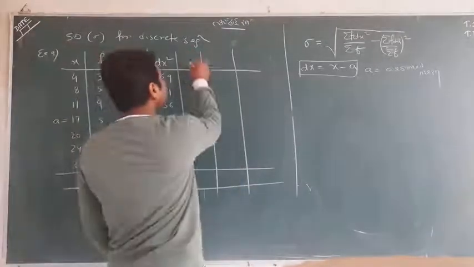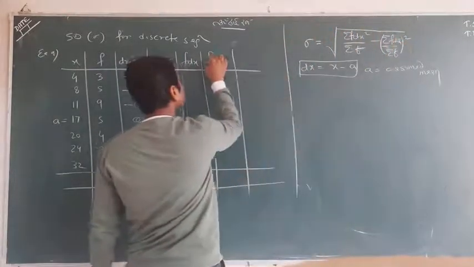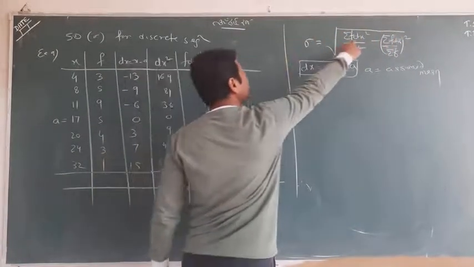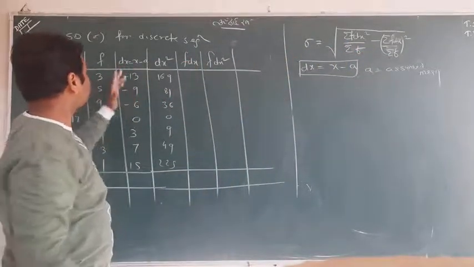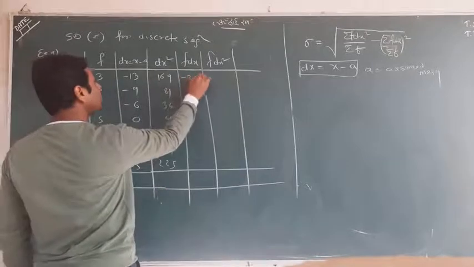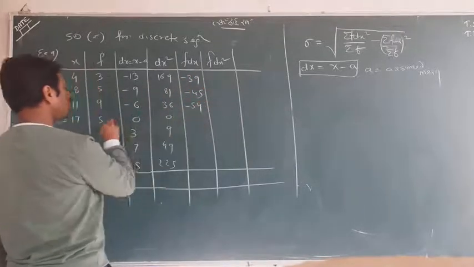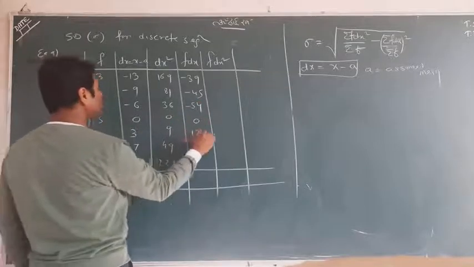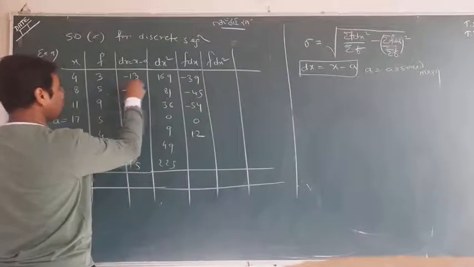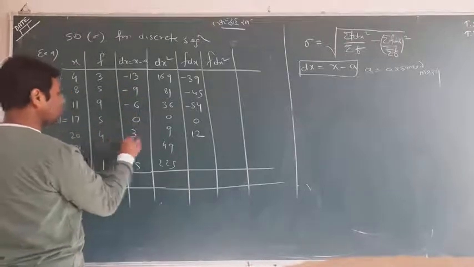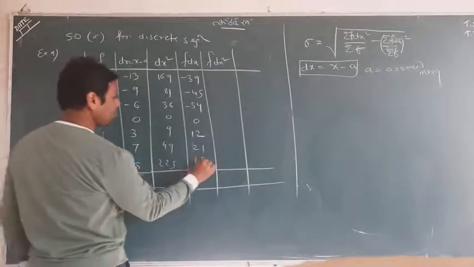Now I needed two things more. f dx will be used here, and f dx square will be used here. So what is f dx? These two will be multiplied: 39, 45, 54, 0, 12, 21 and 15.